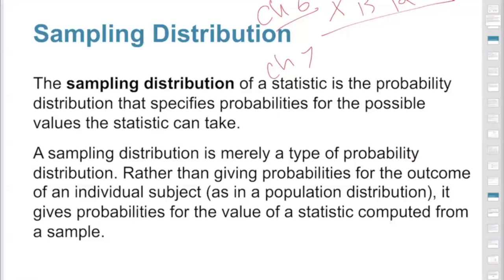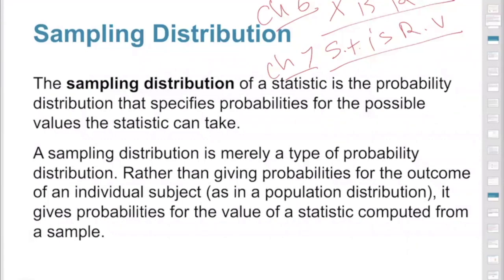These statistics are random variables in chapter number 7. Like the mean, the proportion, the median, the standard deviation. These are statistics, and we need to find the distribution for this statistic, not for the random variable. So this is the difference between chapter number 6 and chapter number 7.